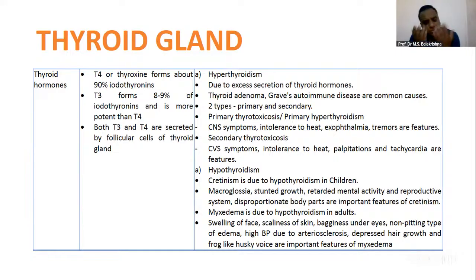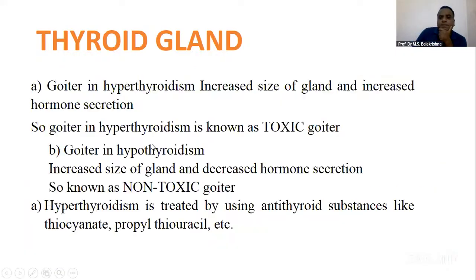Hypothyroidism, this you have been reading for a very long time. All the primary and secondary types, please learn all those things properly. The goiter in hyperthyroidism has increasing size of the gland and increased hormone secretion. The gland becomes a big mass, a ball-type structure.